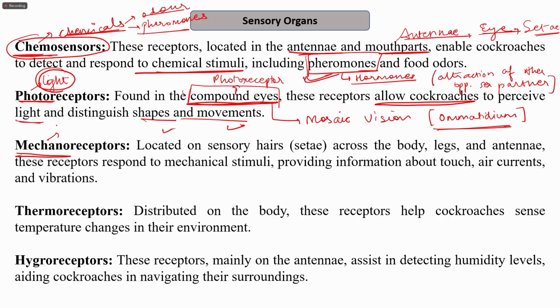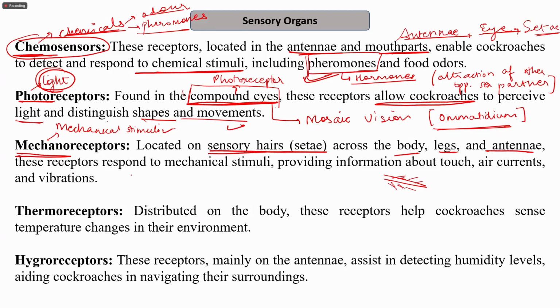Mechanoreceptors are responsible for the mechanical stimuli. Any touch or any other information about the air current or the vibrations which are present. They are located on the sensory hairs, known as setae, across the body, legs and antennae. So we know that bristles are located across the body, legs or on the antennae.